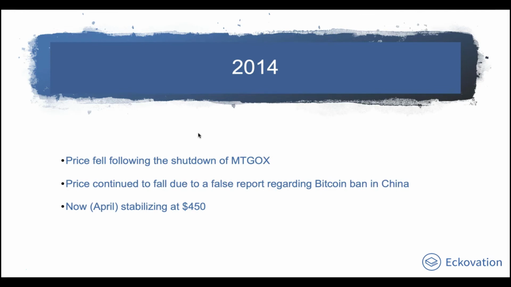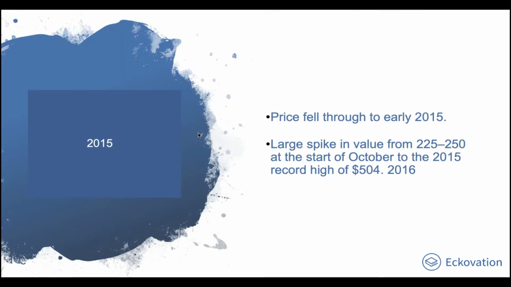In 2014, Mt. Gox, which I mentioned started in 2010, shut down. The price continued to fall due to a false report of a Bitcoin ban in China, and the price came down from 1000 to 450. In early 2015, the price was still falling, and it fell to $225 to $250 and shot up in October to a record high of $504.